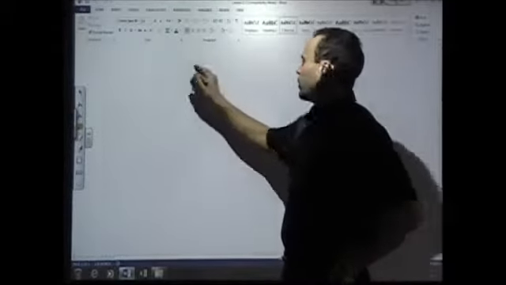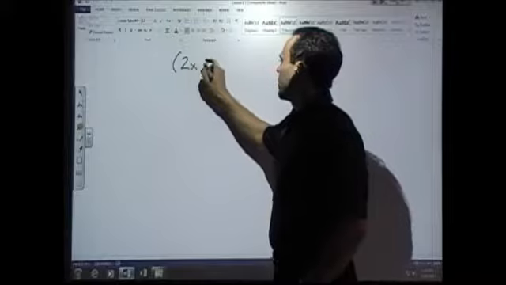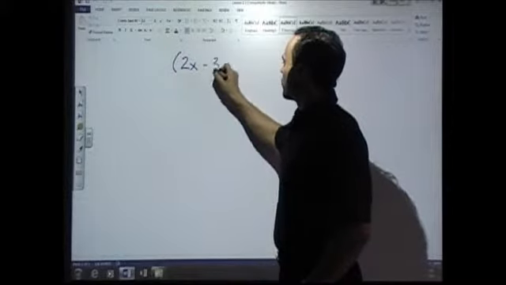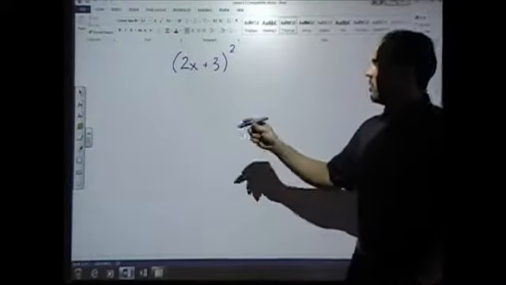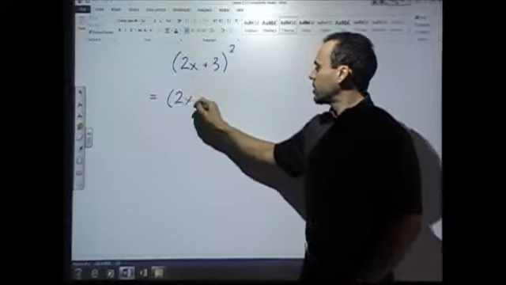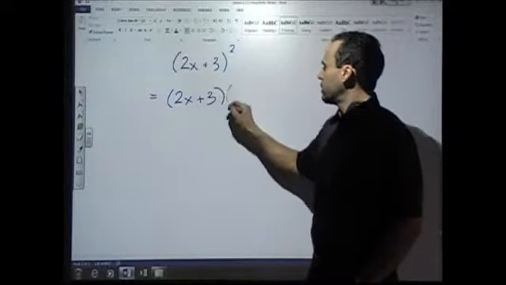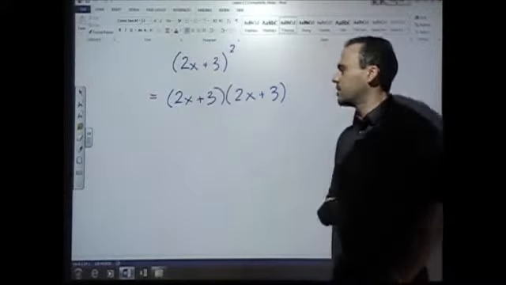Again, I'm going to pull up a blank screen, but it's very important you know how to expand something that looks like this. 2x plus 3 all squared. The way you would do this, the long way, would be to actually do this. 2x plus 3 times 2x plus 3, because 2x plus 3 squared means this bracket times itself.